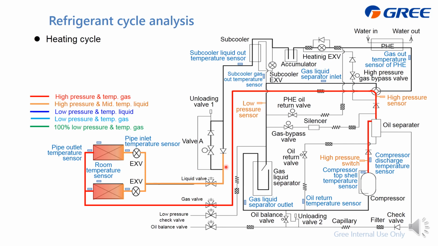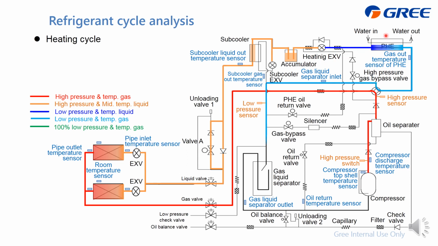and also there is a shut valve here, it cannot get through it, but here it will come from this valve A, and then we go through this subcooler and also get expanded at this EXV, this heat tank EXV, and then itself will become low pressure and temperature liquid.